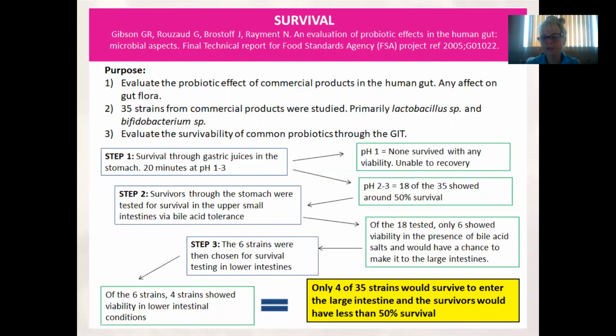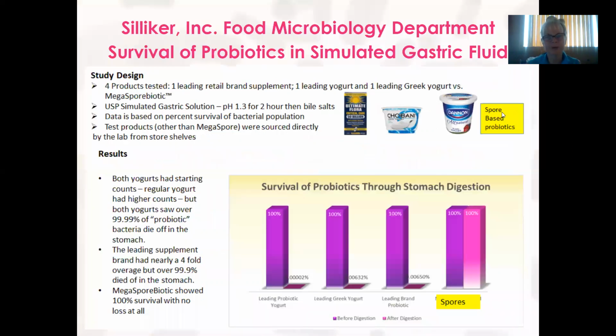And of the survivors, if they did get to the large intestine, only 50% of them survived. So now we're looking at 2. And then if they don't study how they react with the environment, they might even be causing more inflammation. So that is a problem.